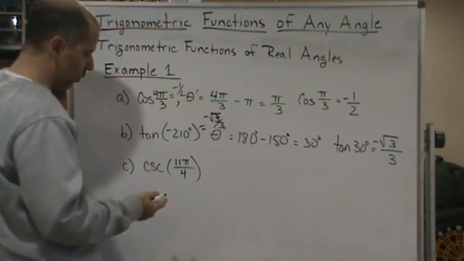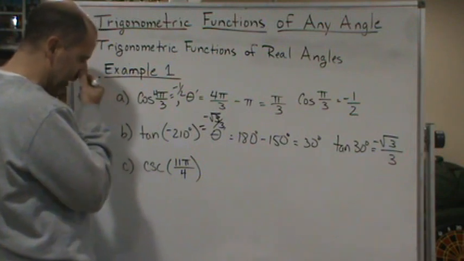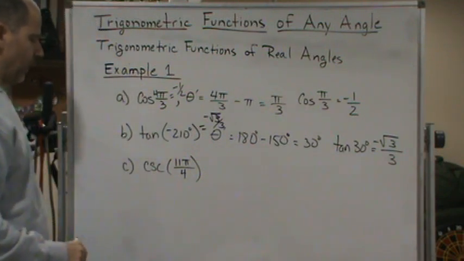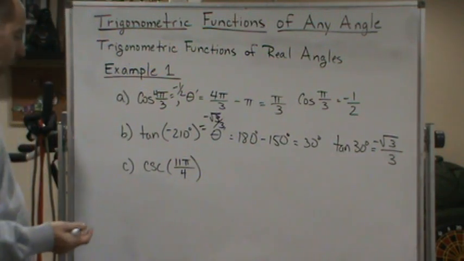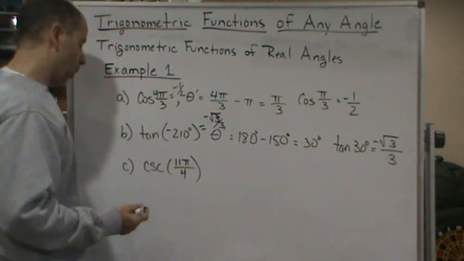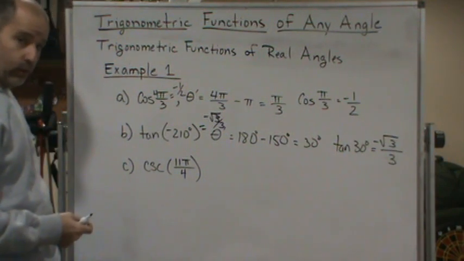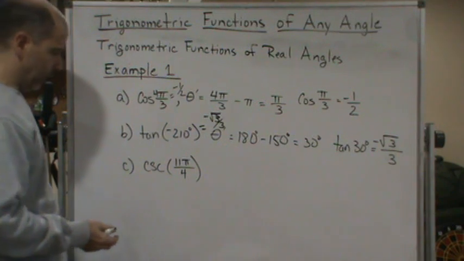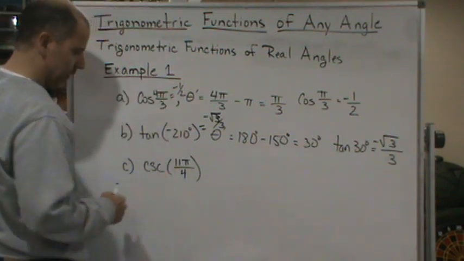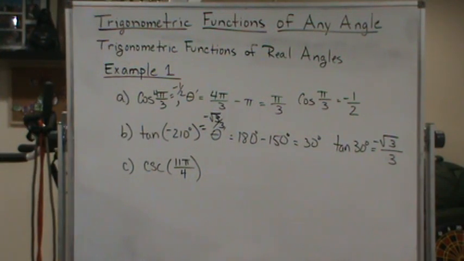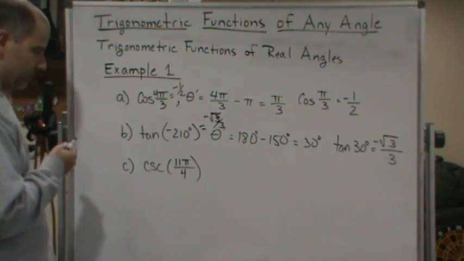Well, if we make that equivalent to this one, as far as having fourths, what do we get? We get 6 pi over 4. Well, this is bigger than 6 pi over 4.